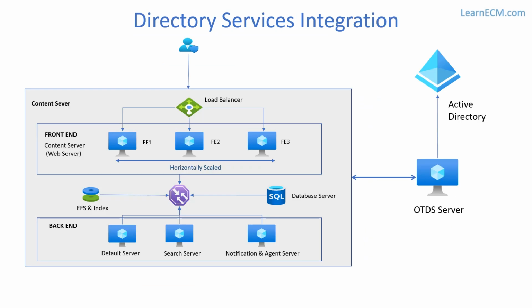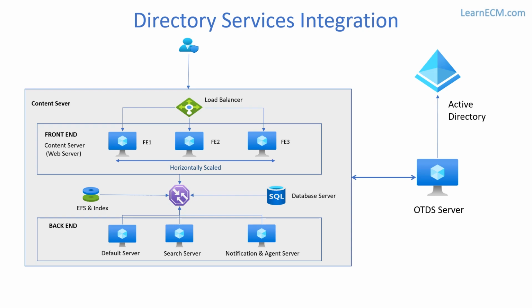Now let's also see how we can have an OTDS server here. We can have content server installed with multiple front-end and back-end servers, and it will talk to an OTDS server, which will connect to an Active Directory for authentication purposes. Normally we use OTDS only for authentication with content server.